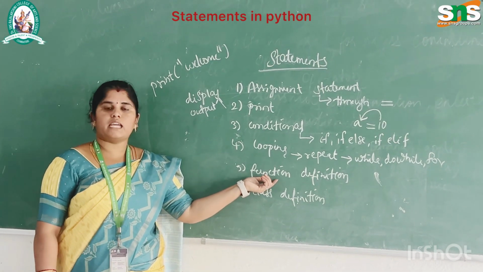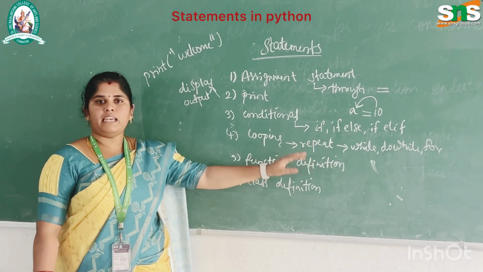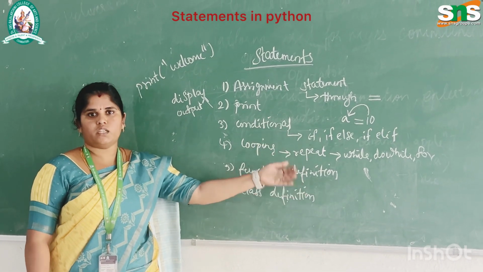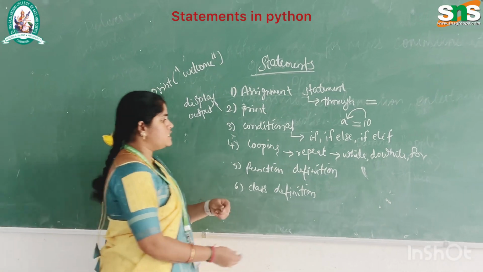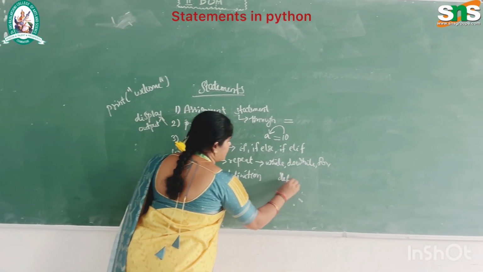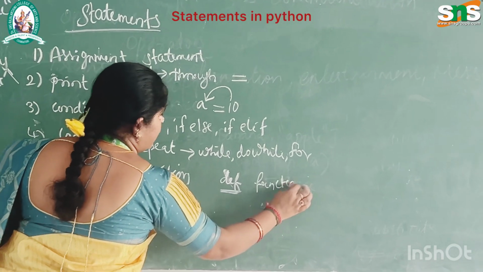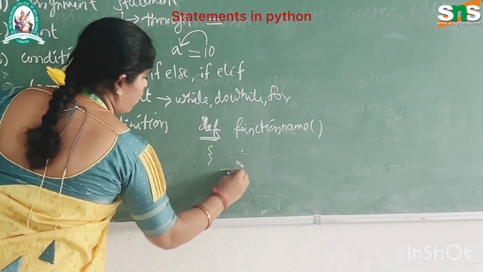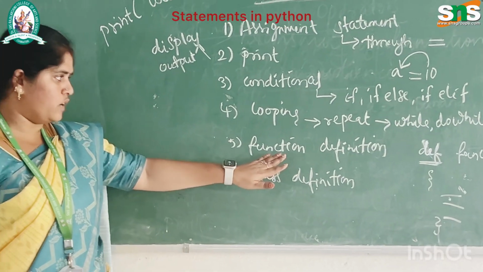So the function is written one time, and whenever I need to perform that function, I call it and use it. We define a function through the def statement: def, then the function name, and then I include what statements it is going to perform. This is the syntax for function definition.